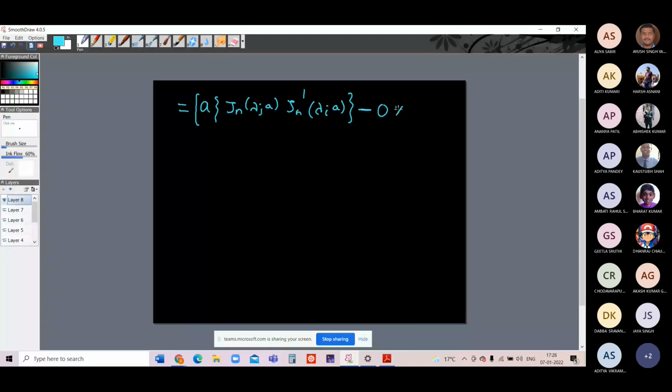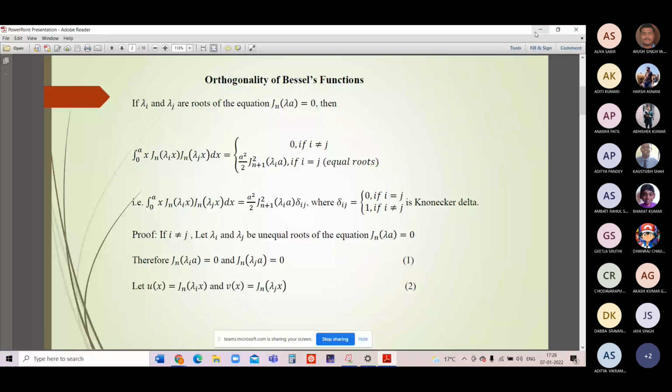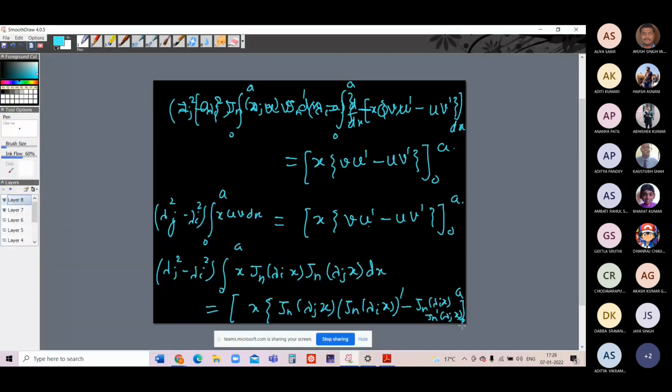minus, sorry, substituting here x is equal to 0 in the whole part, it will give you 0.